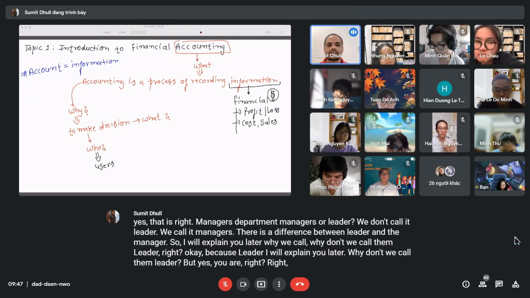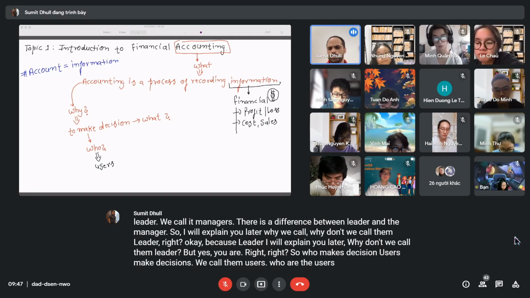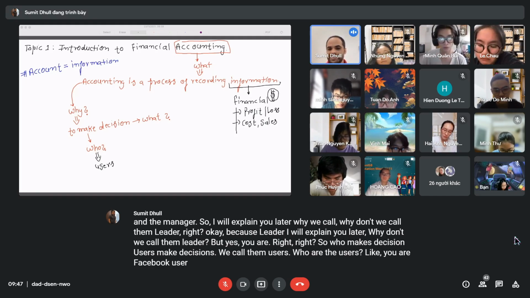So who makes decisions? Users make decisions. We call them users. Who are the users? Like you are a Facebook user. Users means someone who uses.